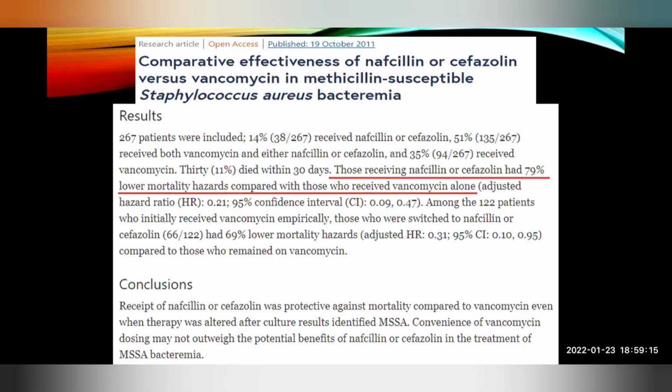So empirically, you can give the combination of vancomycin as well as an anti-staphylococcal penicillin whenever you're suspecting a Staphylococcus aureus infection. But once the culture report comes and it is proven to be MSSA, if you're still continuing the patient on vancomycin, you are just increasing the chances of mortality in the patient.